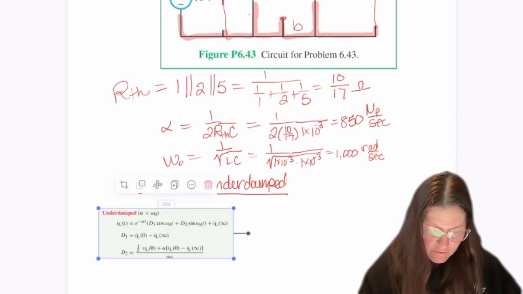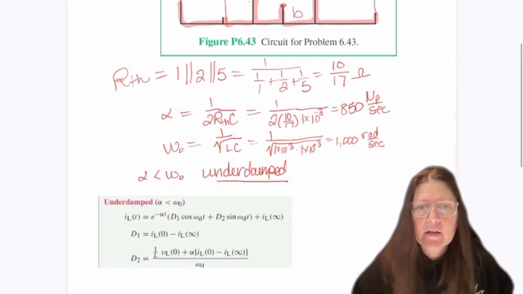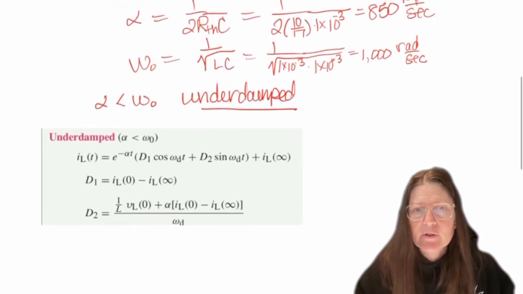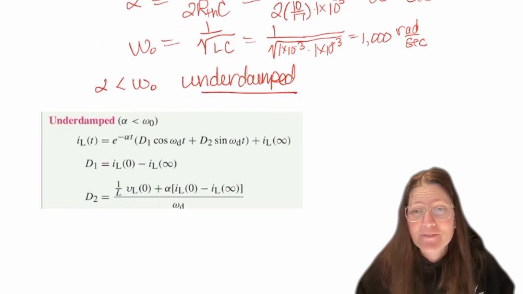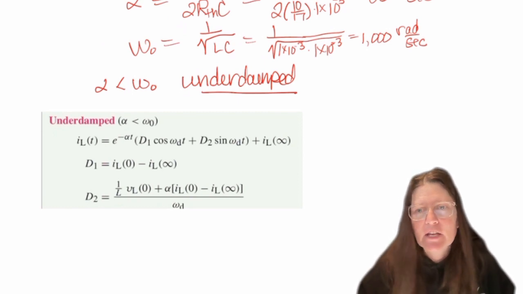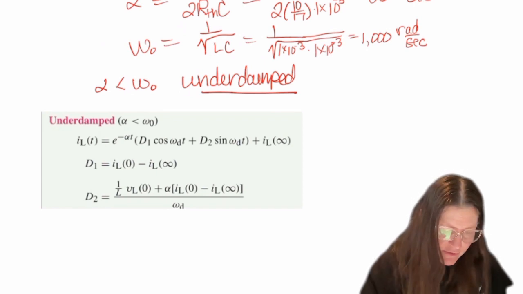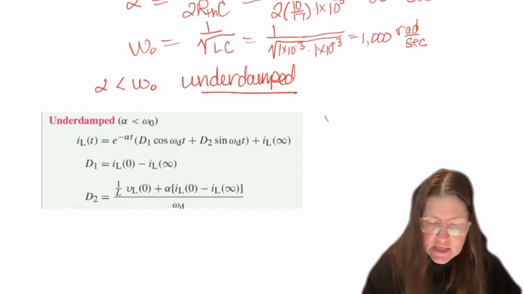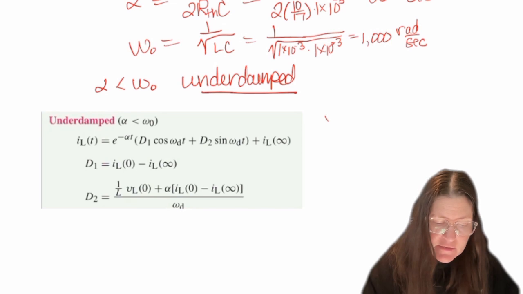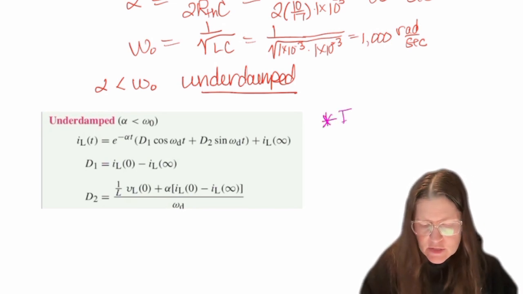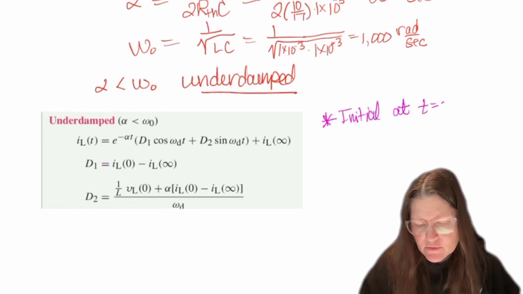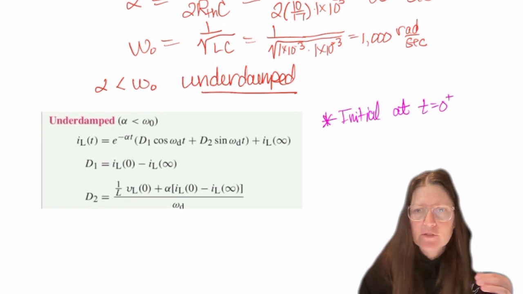For this one, we need IL of 0, the initial value for IL, IL of infinity, the final value for IL, and then VL of 0. Remember, the initial values are taken at time t equals 0 plus. So that's going to be right after the switch has moved.